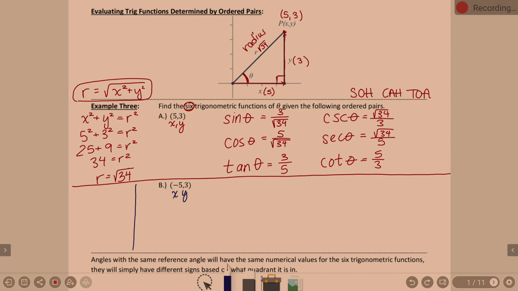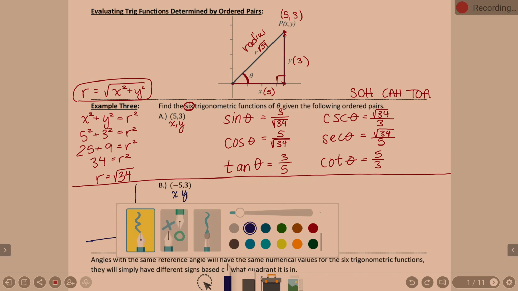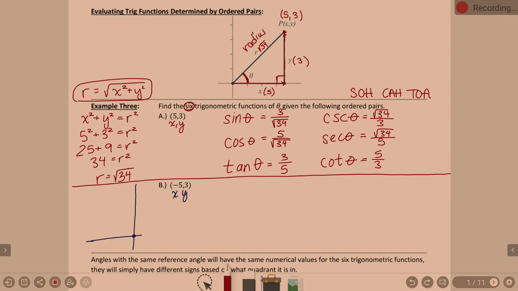In that, if this is my origin here, right? Where does negative 5, 3 go? Negative 5 is on this side and 3 is on this side. Okay, so we're going to go left 5, so our x distance is negative 5, and then we're going to go up 3, so our y distance is still 3, yes?